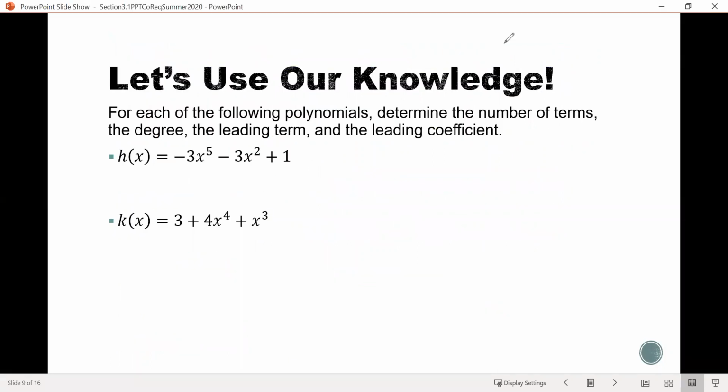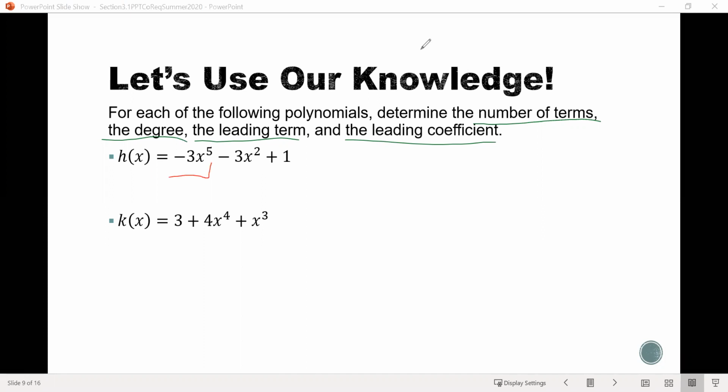Here we're given two polynomials and we're asked to determine the number of terms, the degree, the leading term, and the leading coefficient. For the first function, h of x, it's negative 3x to the fifth minus 3x squared and then plus 1. Notice how I underline each one of those little pieces separately.